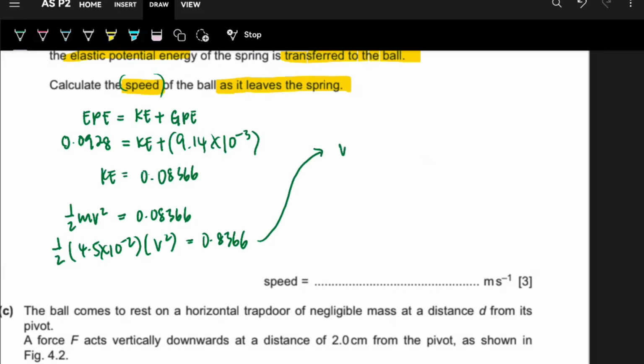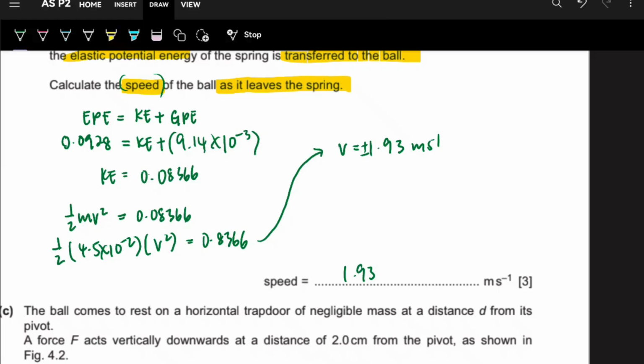You get v is equivalent to 1.93 meters per second, but you'll get positive and negative because of the square root. But since they're asking for speed, you can just write 1.93 meters per second, because speed is a scalar quantity, so the direction doesn't really matter.